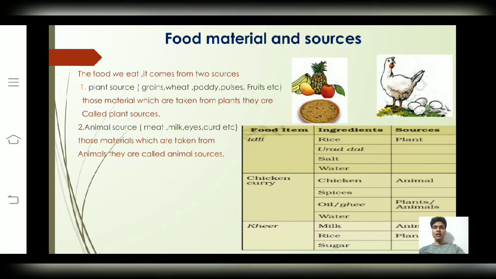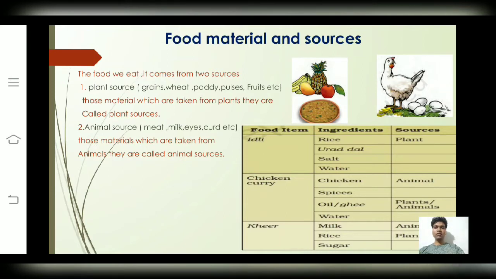We use rice, urad dal, salt, water and we mix it and heat it at a suitable temperature. Then we get idli. So the source is plant. It means idli is made of plant sources.